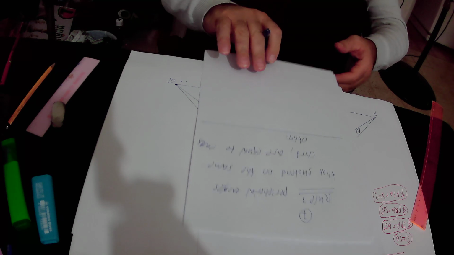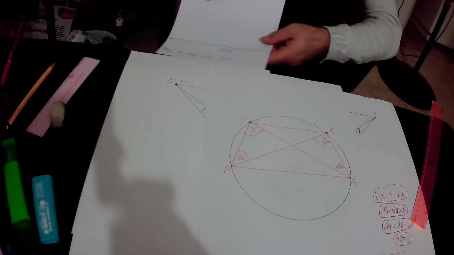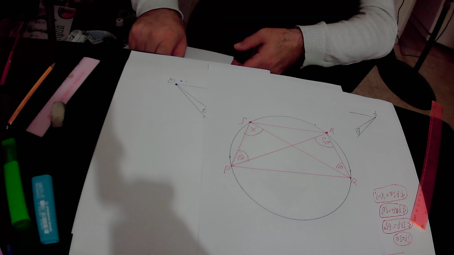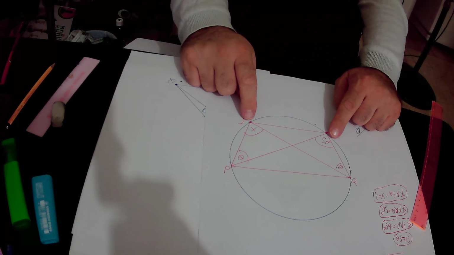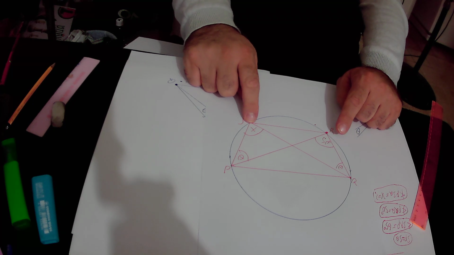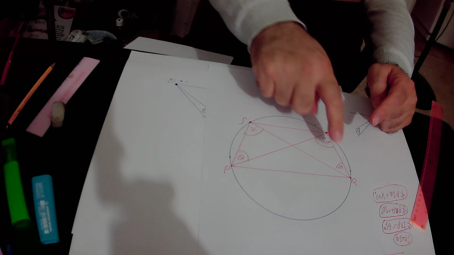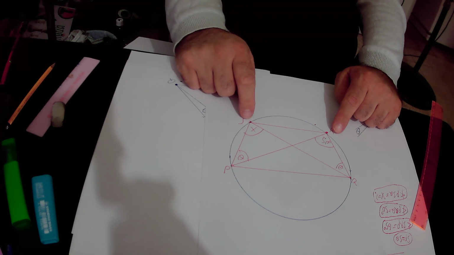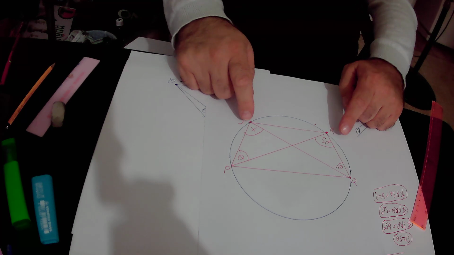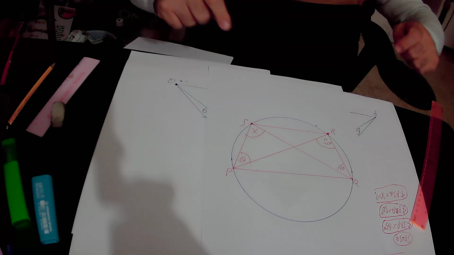Again, we can implement rule number 3 in our drawing. In our drawing, we have those two peripheral angles, X and angle PRQ, that equals 50 degrees. Those two angles subtend on the same chord called PQ.